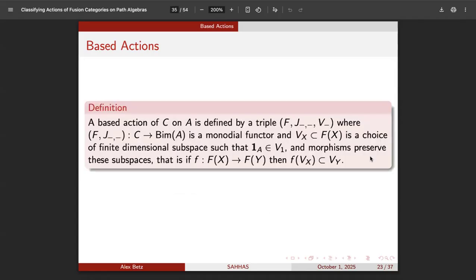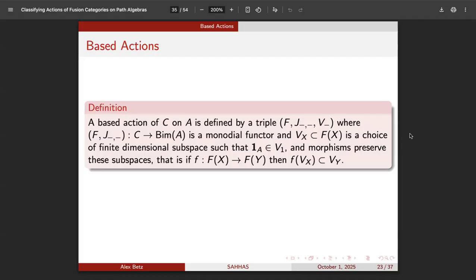So we define a base action of C on A by a triple where we have a monoidal functor. This is just the definition of an action of a fusion category on an algebra. But what we're doing is picking out a finite dimensional subspace for each one of these bimodules, such that morphisms preserve that subspace, and the unit in the algebra is contained in the V1 subspace.